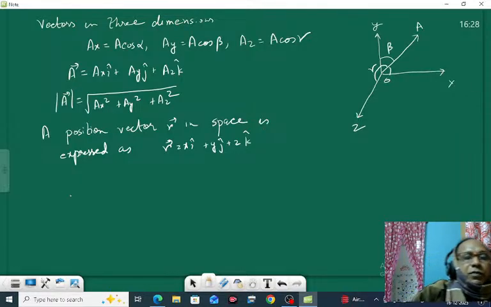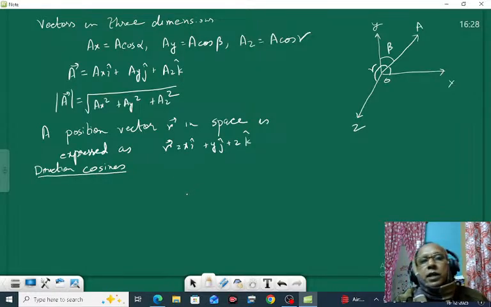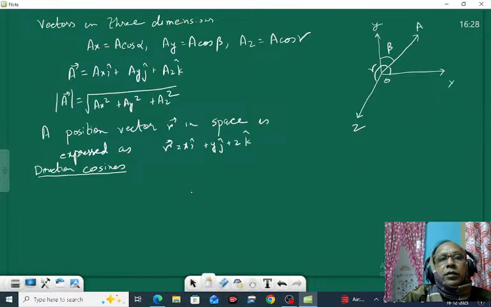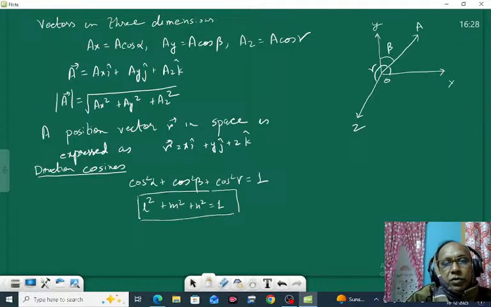And in 3 dimensions you also know, if you find the direction cosines, then you get cos square alpha plus cos square beta plus cos square gamma equal to 1, or l square plus m square plus n square equal to 1.